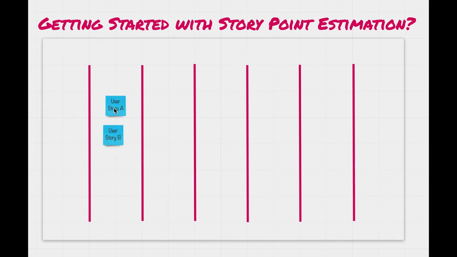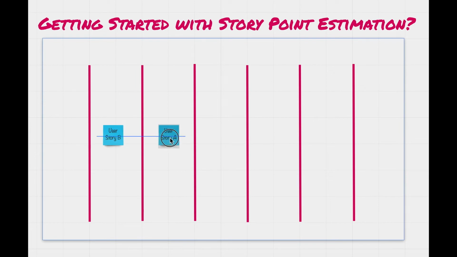Story point estimation is all about relative estimation. So when we compare user story A with B, let's say we find user story A is comparatively larger in size and complexity than user story B. So we just drag this to the third column.